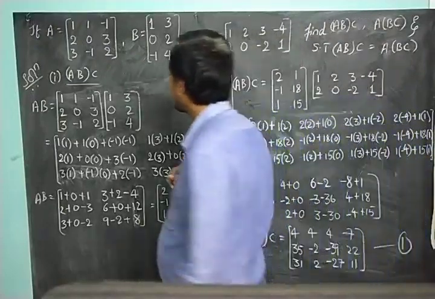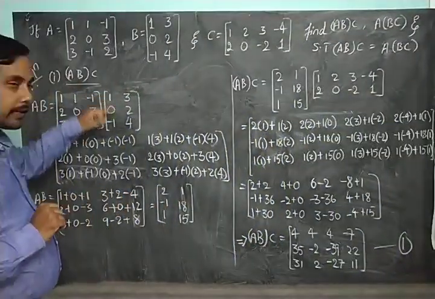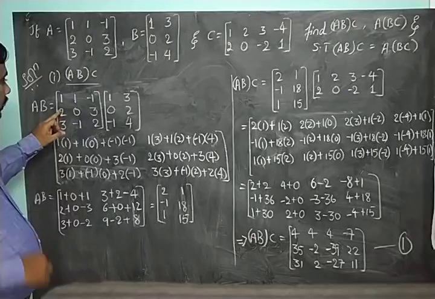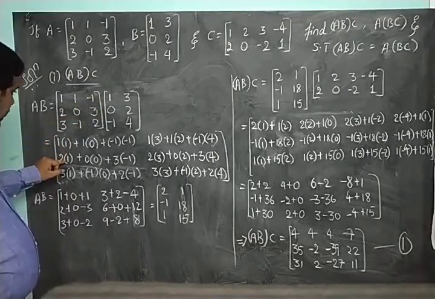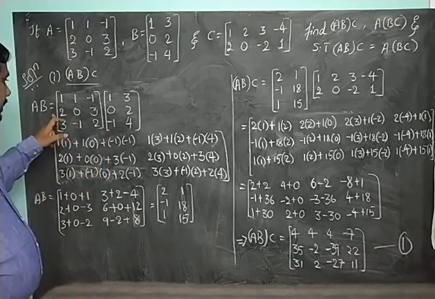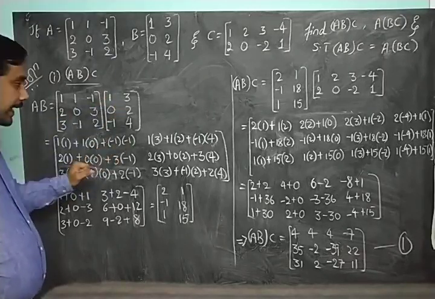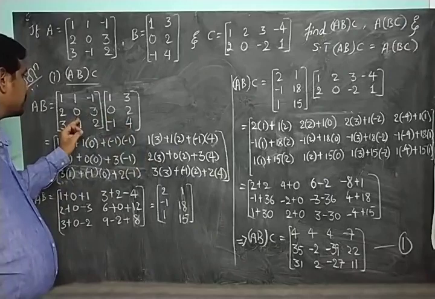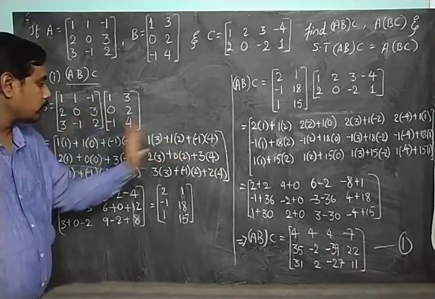Second row and first column: 2 into 1, 0 into 0, 3 into minus 1. Second row and second column: 2 into 3, 0 into 2, 3 into 4.